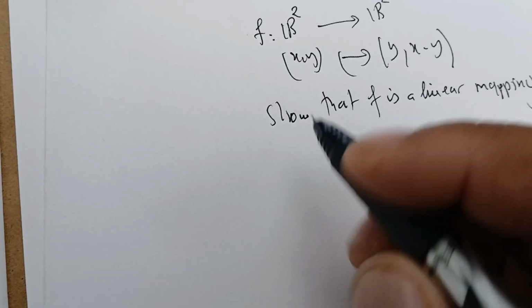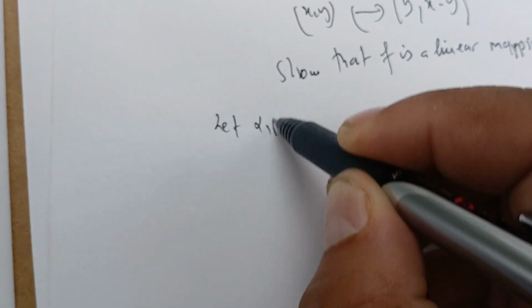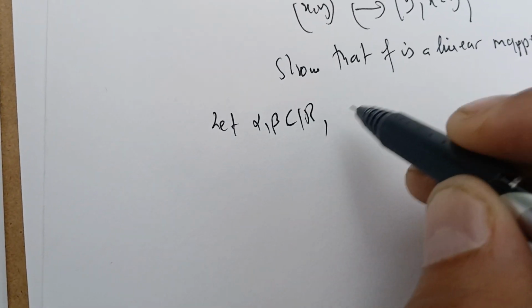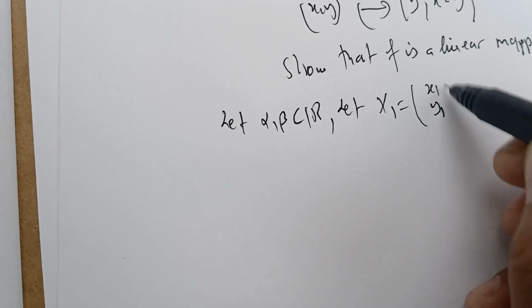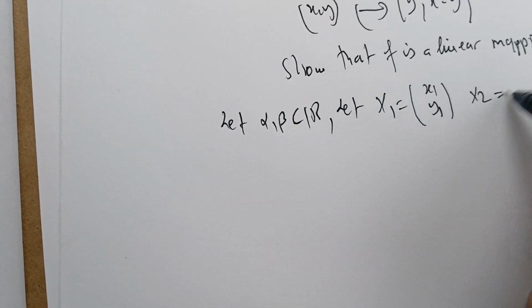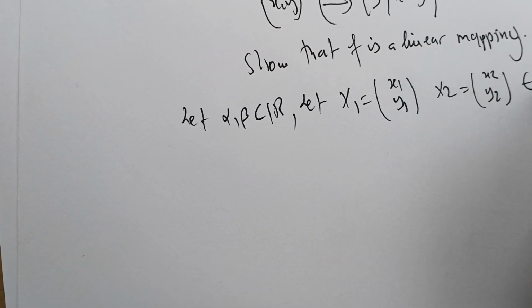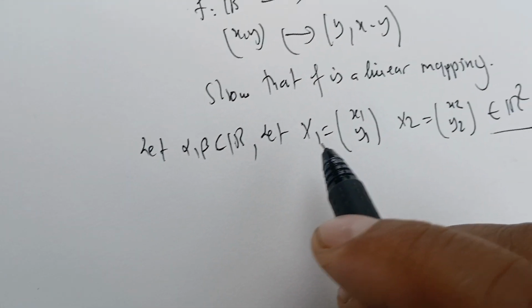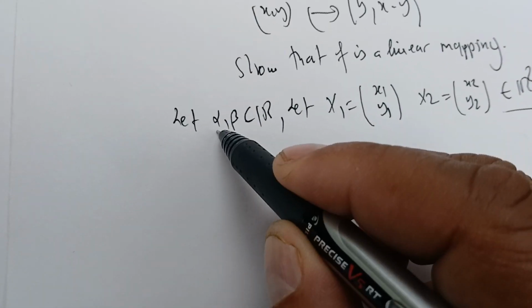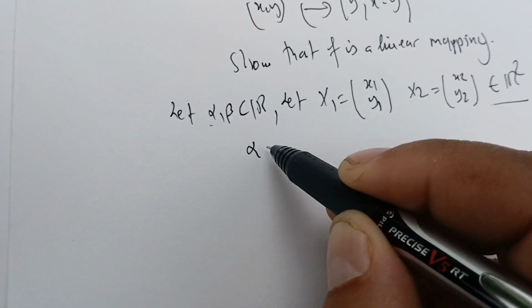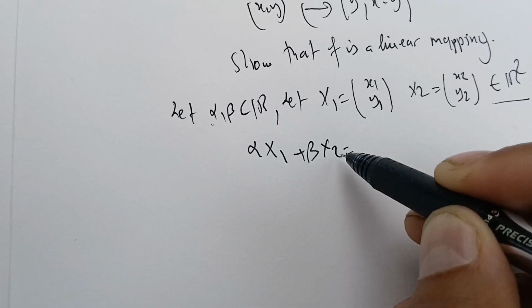So let α, β be in R, and let x1 = (x1, y1) and x2 = (x2, y2) be two vectors in R². We want to combine these two with α and β, so we will have αx1 + βx2.